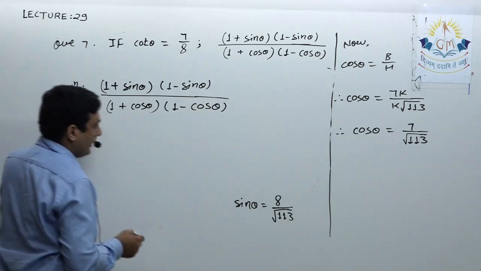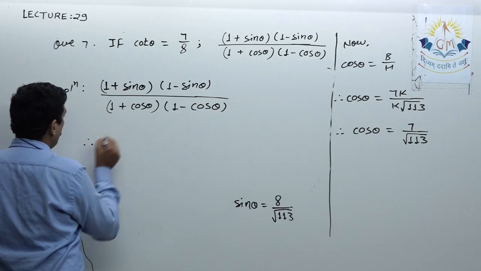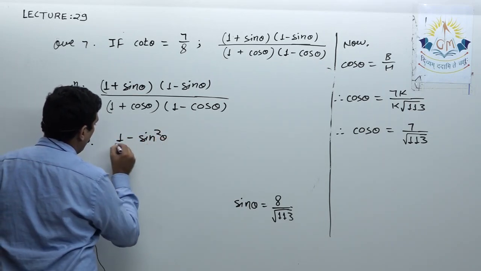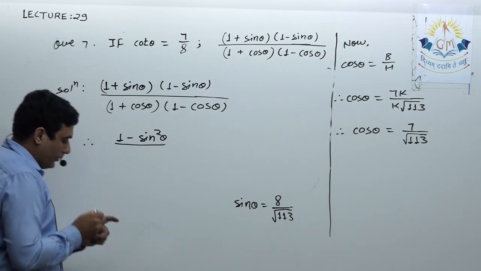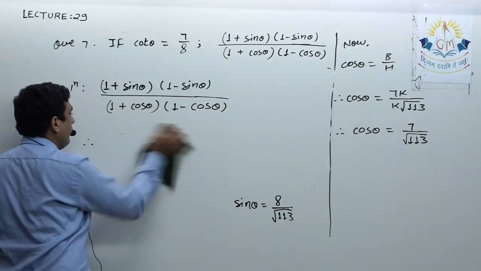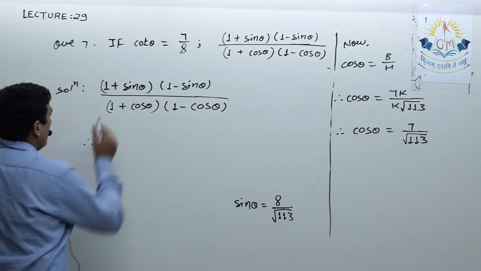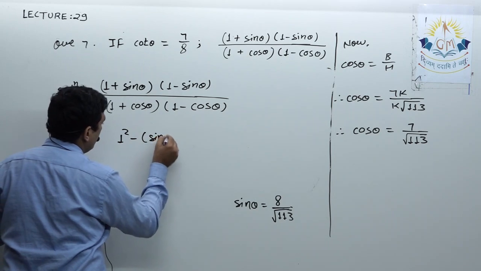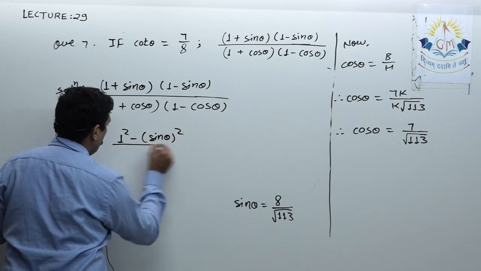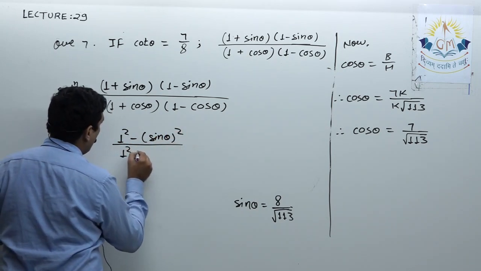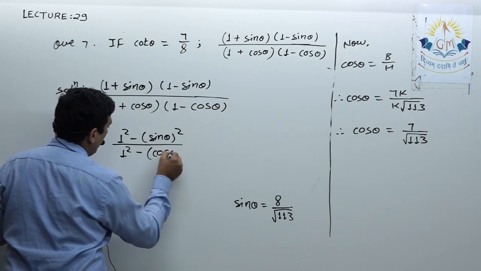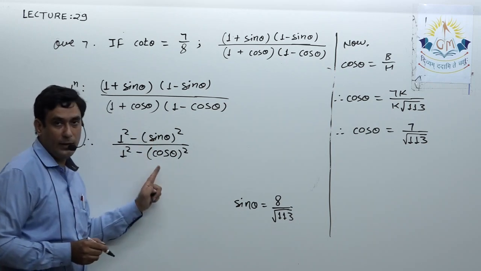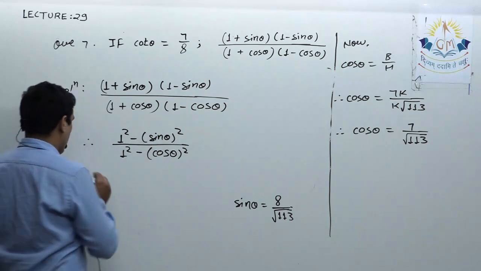Now, better to write the numerator as 1 minus sin square theta by applying the identity of a square minus b square, or I'm adding one more step for your better understanding. It is a plus b, a minus b. So a square minus b square upon a square minus b square. Okay, in the numerator b is actually sin theta and in the denominator b is actually cos theta.